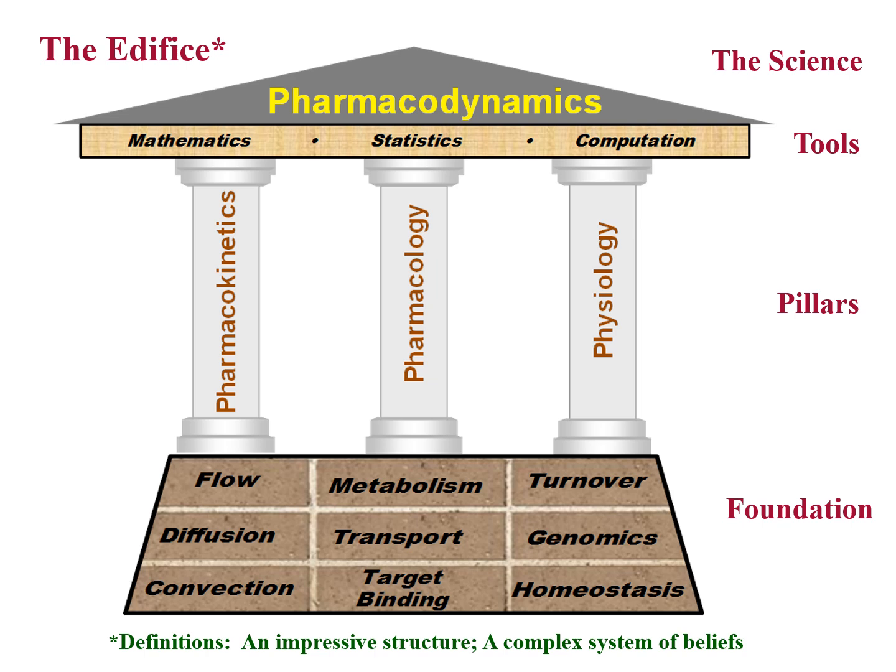And then we need tools in this edifice: mathematics, statistics, computation. All of this comprises pharmacodynamics, PK/PD, the science. So an edifice is an impressive structure, a concept system of beliefs. And that's what this field basically is.